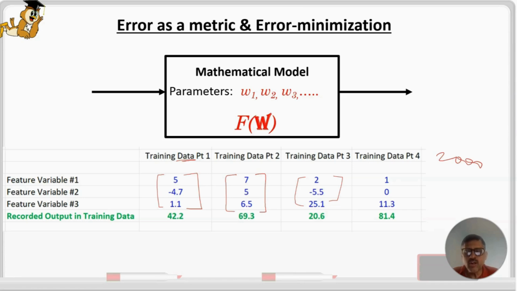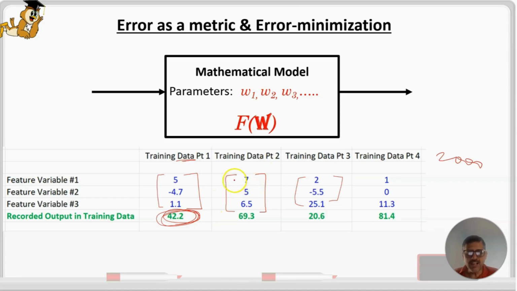What your training data also has is the recorded, or observed, output for these feature variable values. So when the values of the feature variables were 5, minus 4.7 and 1.1, the observed output as a part of your training data gathering was 42.2.